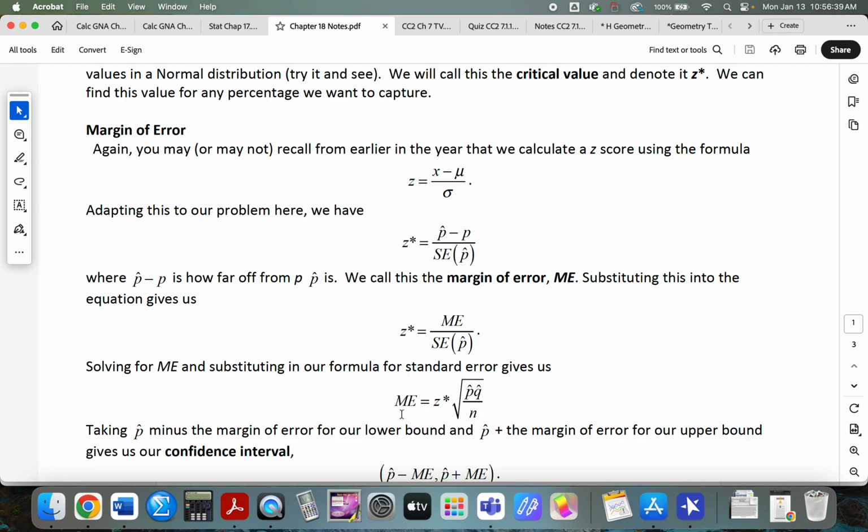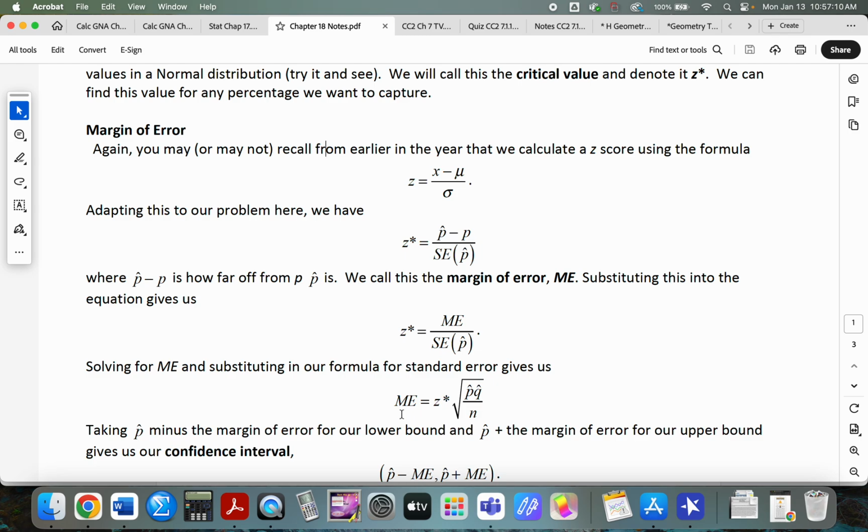So p hat and q hat are just p and q, right? Yes, but p hat and q hat are the observed. What we're going to use this for is where we don't know the proportion of the entire population, which would be p. p hat is the observed. p is the proportion of the entire population.